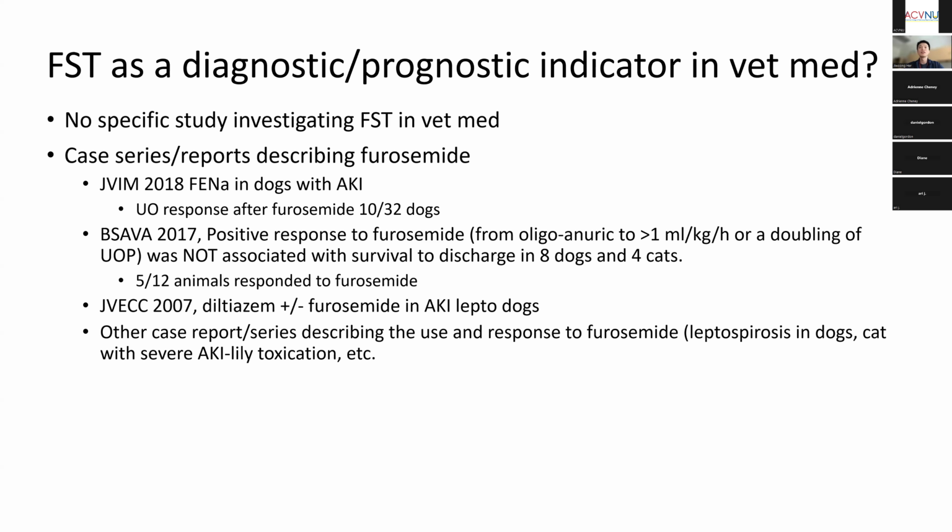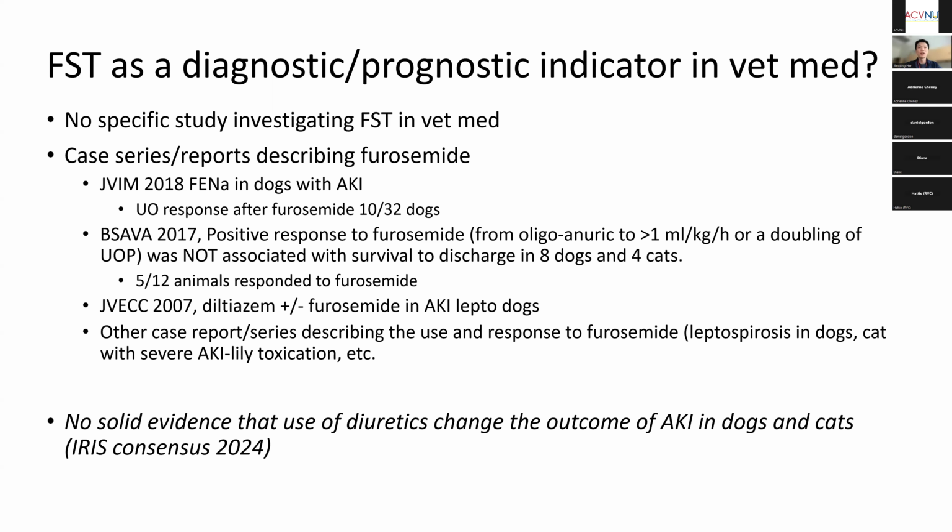Some other studies are in those with lepto-AKI. And there are other studies talking about furosemide, but mostly in the context of converting to polyuria or from a volume management standpoint. I just wanted to put a blanket reminder that the IRIS consensus guideline tells us there's no solid evidence that the use of diuretics will change the outcome in AKI in dogs and cats.